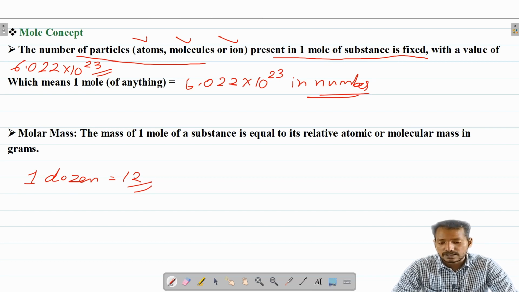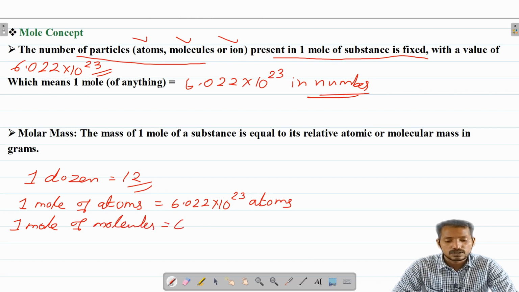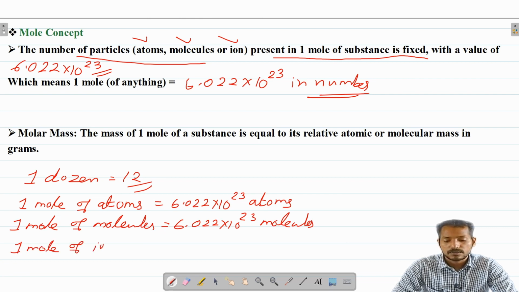That is, we can say that 1 mole of atoms is equal to 6.022 into 10 raised to 23 atoms, or 1 mole of molecules is equal to 6.022 into 10 raised to 23 molecules, or 1 mole of ions is equal to 6.022 into 10 raised to 23 ions.